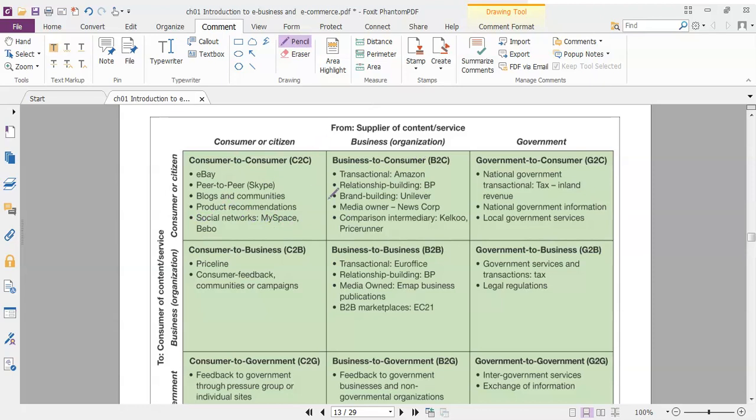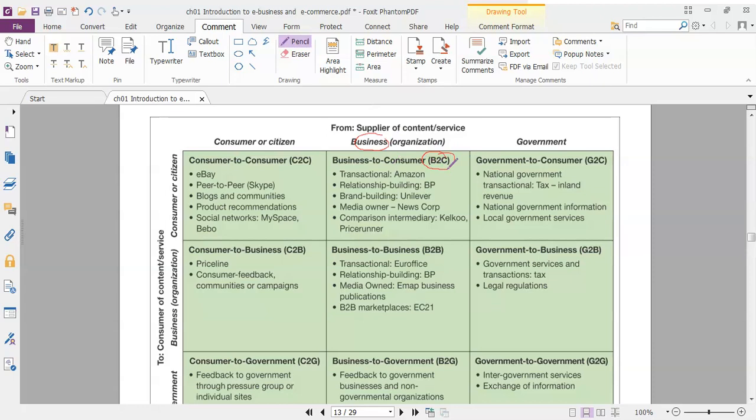How about business to consumer? Business is the organization. Business to consumer we call B2C, the transactional business from the business organization to the customer.